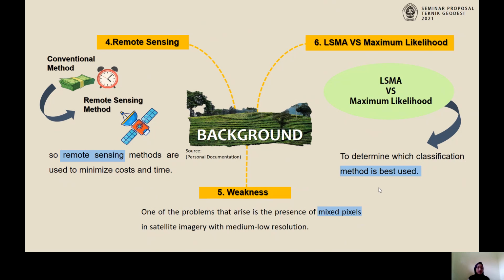However, the remote sensing method is also not free from weakness. One of the problems is mixed pixel. Therefore, in addition to knowing the estimated production, the study aims to compare the classification methods between linear spectral mixture analysis and maximum likelihood classification to determine which classification method is best used.